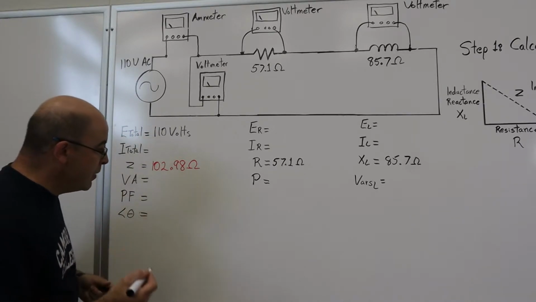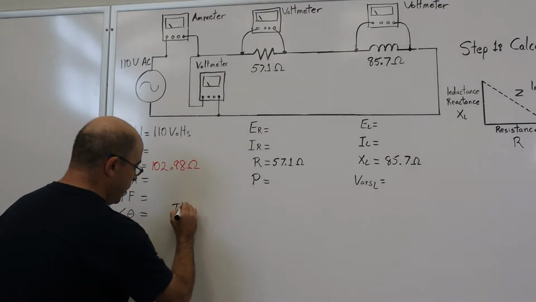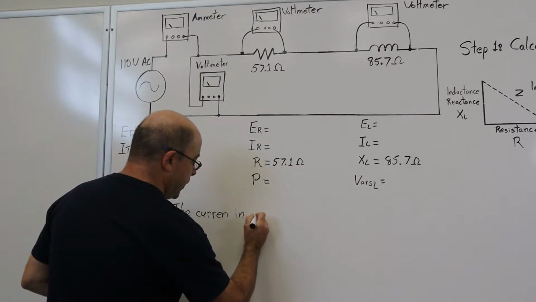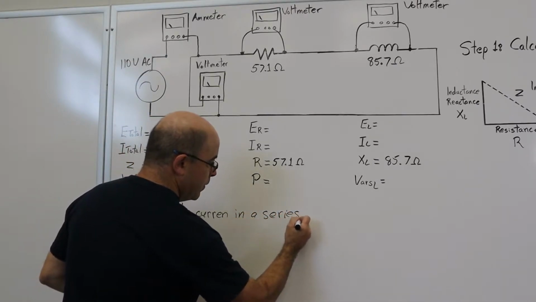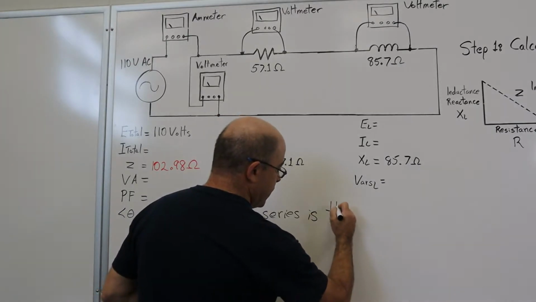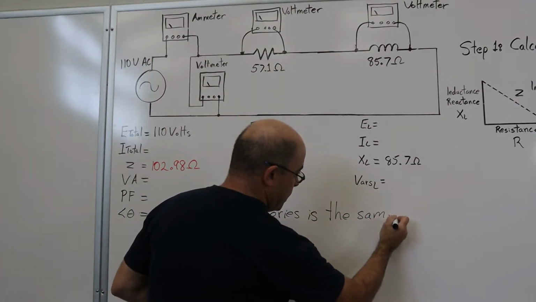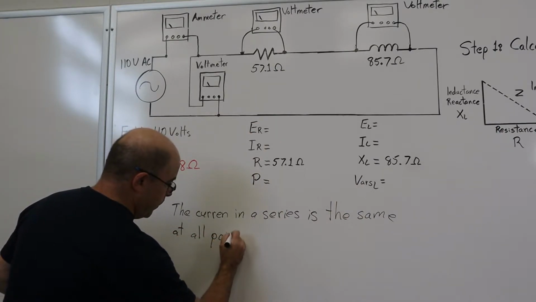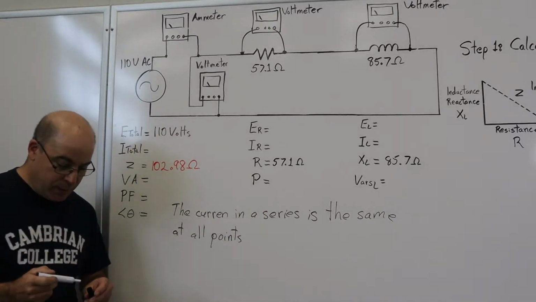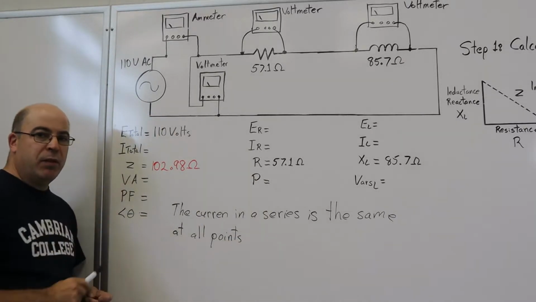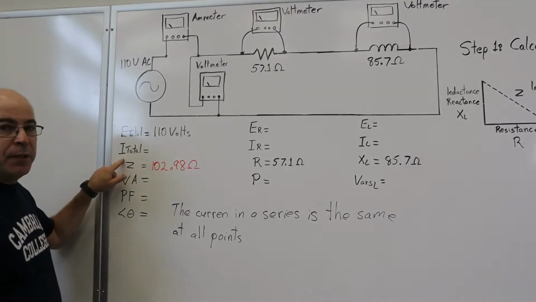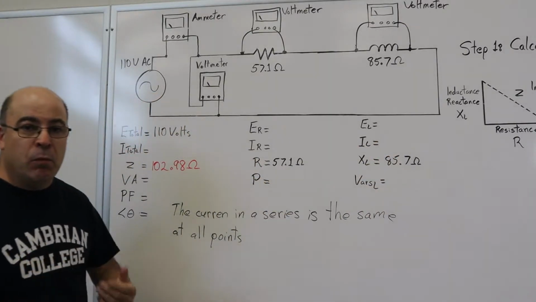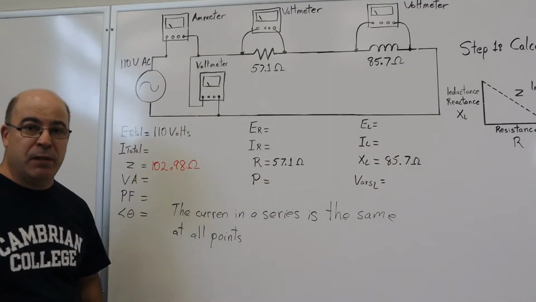Ohm's law stipulated that the current in a series circuit is the same at all points. This is really convenient for us because by finding the total amount of current for the circuit, I can use that value in the rest of the equations, and it will make the process of solving for our given values very easy.